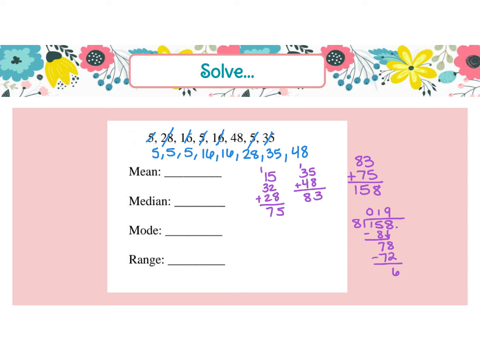We can add a decimal point and bring it up in our answer, and a 0 to bring down. 8 can go into 60 7 times. 8 times 7 is 56, and we're left with a remainder of 4. We'll bring down another 0. 8 can go into 40 5 times.